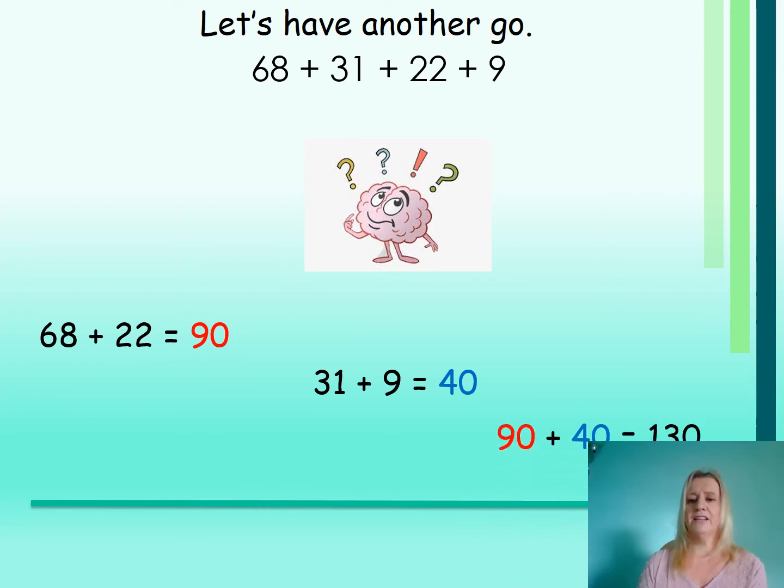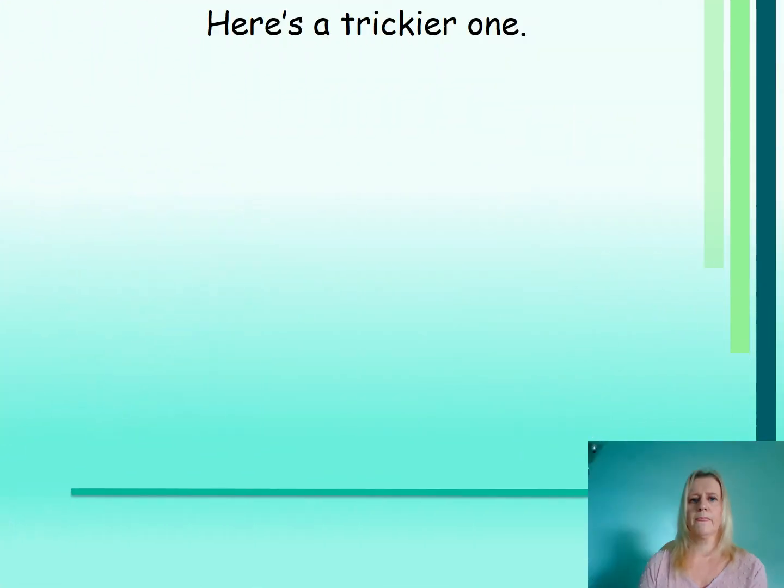And then I can add those two much more easily. 90 and 40 giving me 130 is a much easier calculation than 68 add on 31, add on 22, add on 9. I could still work it out in that order and I would reach the same answer of 130. But I think the reordering strategy is much more efficient, don't you?